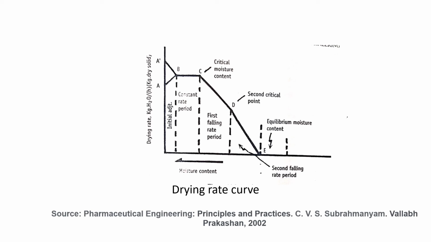So that's why it becomes even slower. And at the equilibrium moisture content, that is point E represented in this curve, the drying rate will become 0. Therefore, at this moment and after this moment, the temperature as well as the moisture content will be constant.